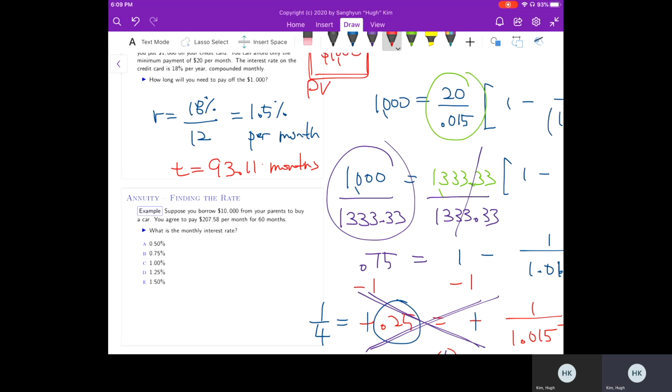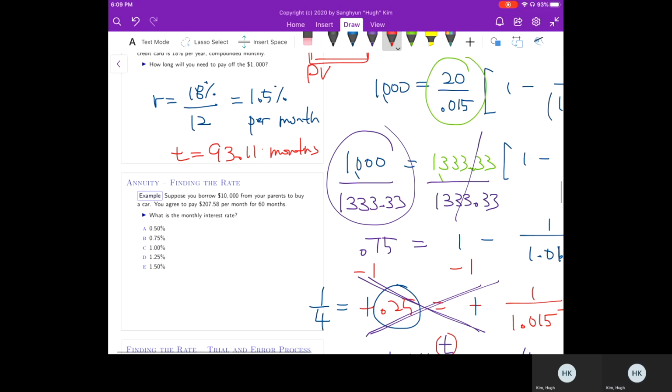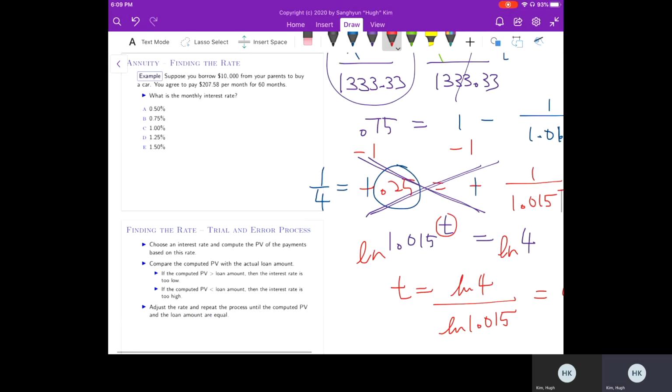You're curious whether your parents are charging you fairly, whether your parents are charging you less than what your local neighborhood banks will be charging you. So you want to know the monthly interest rate implied in the loan from your parents.